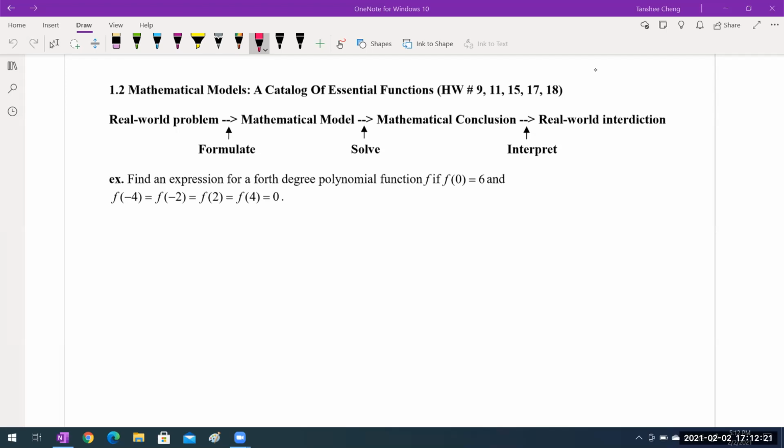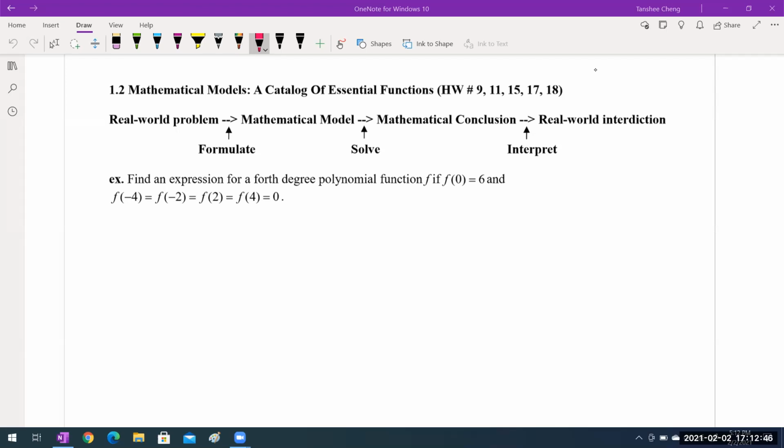So the function value is 0. When x is -4, -2, 2, and 4, these are known as the zeros of the function, right? So that's the information that we have. Another piece of information is a y-intercept, which is x equal to 0, and then my output value is 6.